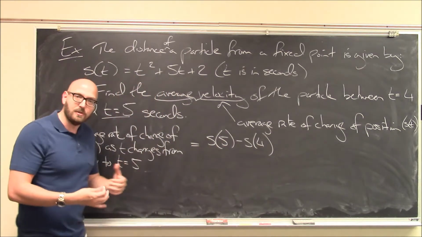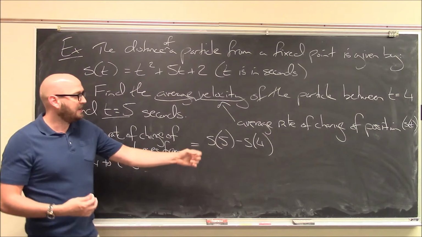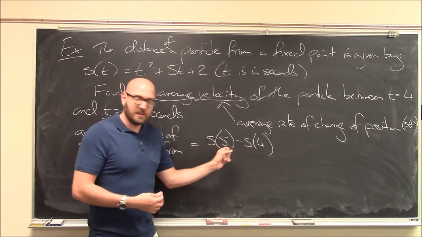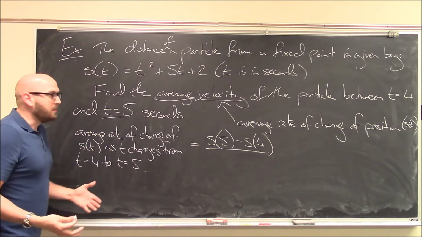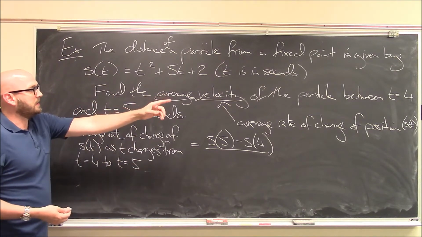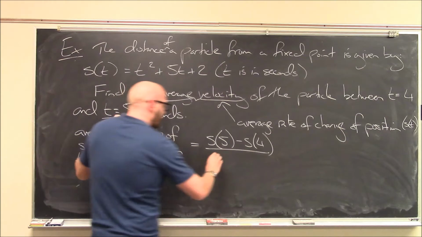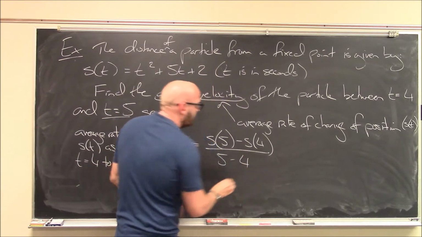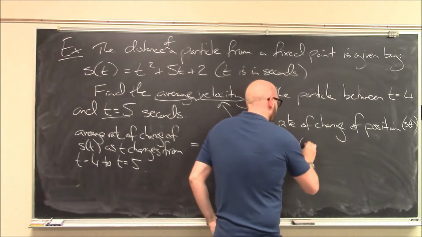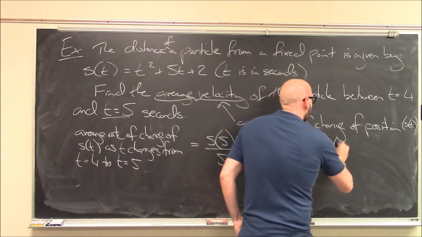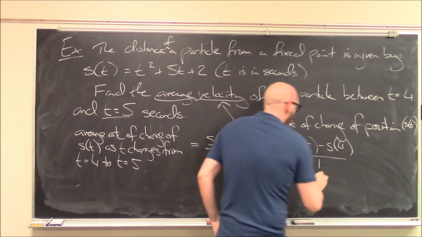If you take their difference, you sort of got the distance that it's traveled between these times, over what essentially becomes the total time of this interval, right? So over 5 minus 4, it's an interval of 1 second. So we're looking at s of 5 minus s of 4 over 1.